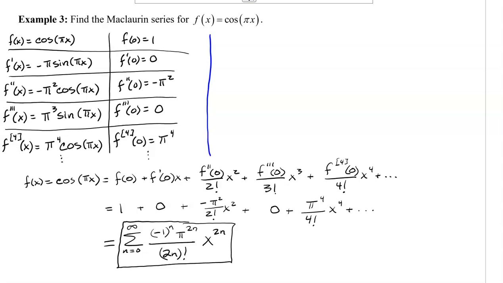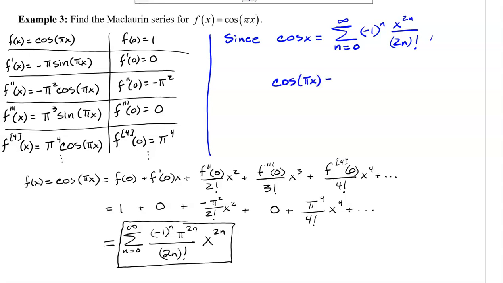Notice that if we had known already that cosine x is the sum n equals 0 to infinity of negative 1 to the n x to the 2n over 2n factorial, then we could have simply written that cosine of pi x is equal to the same series, except we would be replacing our x here with pi x, like this.